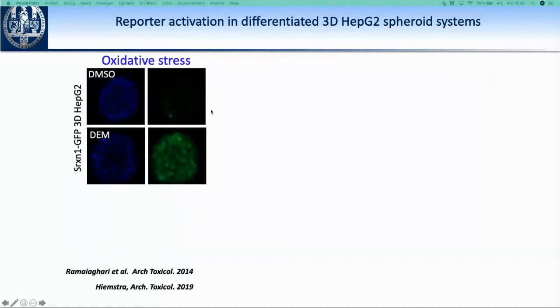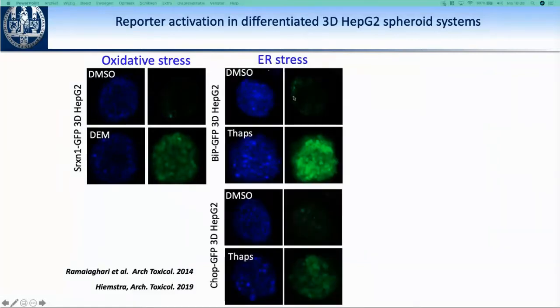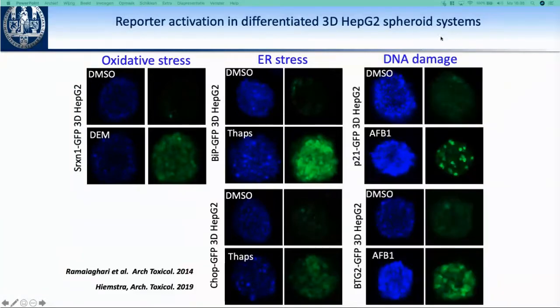But we can also do this for endoplasmic reticulum stress with 2 different reporters, and for DNA damage signaling, where you can also see a significant increase in the GFP signal upon exposure to known stressors.